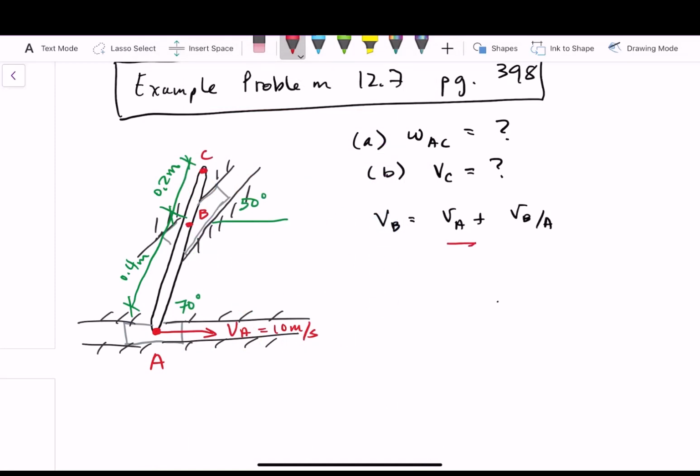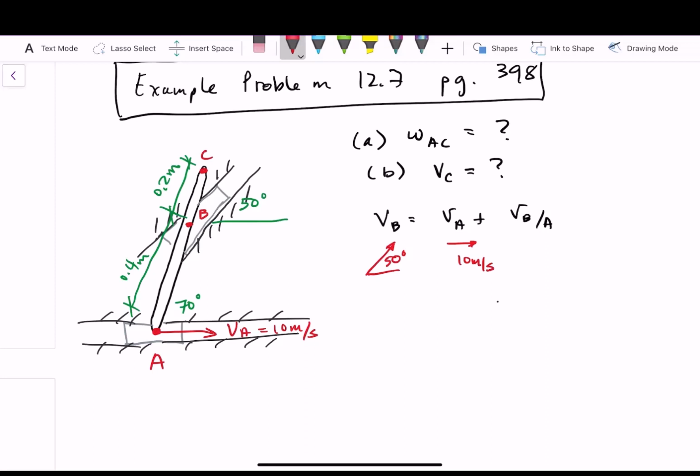So A is going to the right, and it's going at 10 meters per second. If A is going to the right, we'll assume that it probably means that VB has to go at 50 degrees, but is it going up or down? I'm going to assume that it is going up. If you get the wrong direction, it's not the end of the world, because you'll just end up with a value that is negative. So we have 50 degrees here.